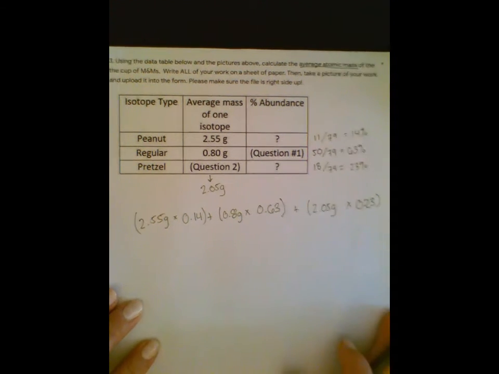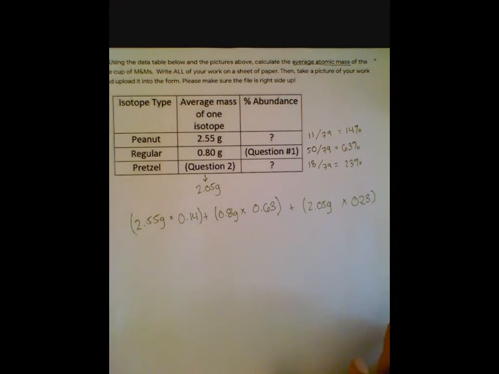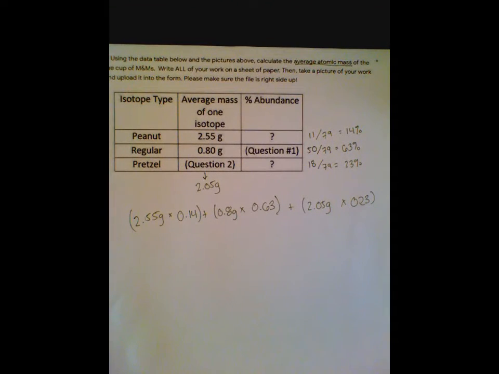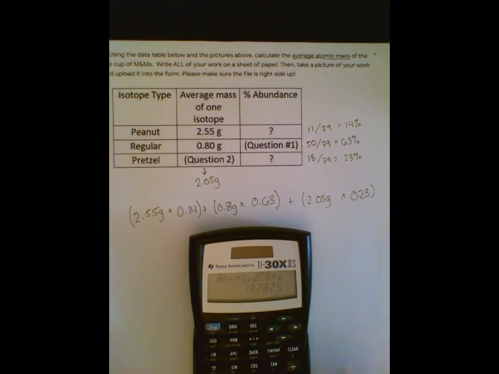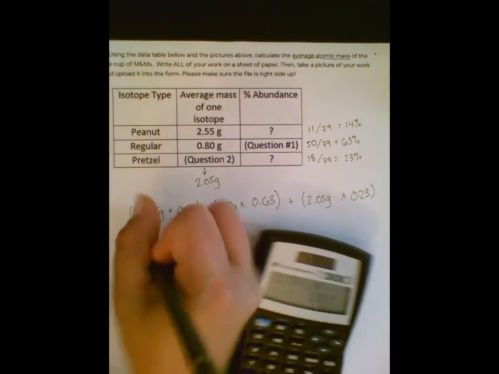Okay. From there, the last place that I saw some people make mistakes were just calculator errors. So putting each of these parts into your calculator and making sure that you're getting the right answer out of it. So for the first one, I have 2.55 times 0.14. I get 0.357.